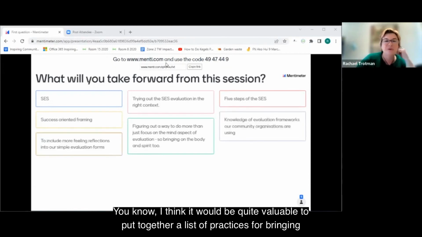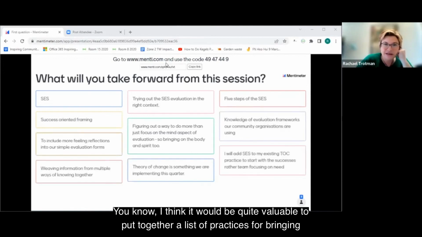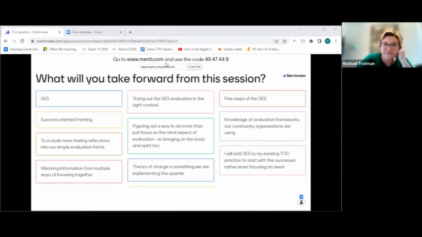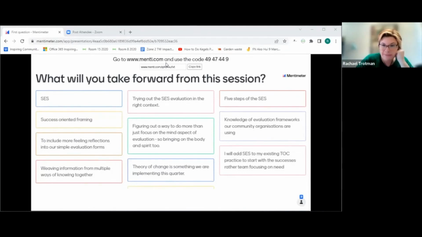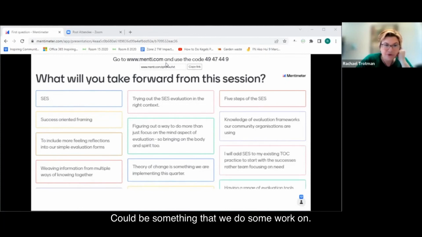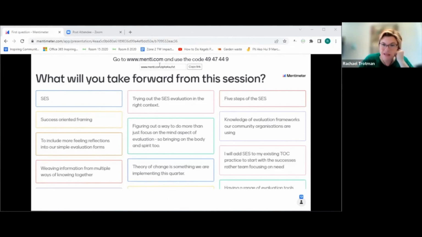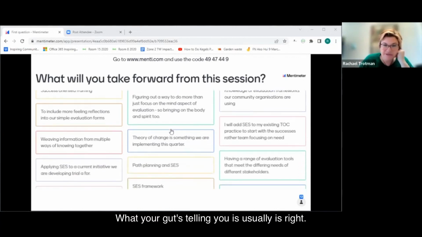I think it would be quite valuable to put together a list of practices for bringing body and spirit into our processes of learning and evaluating. Could be something that we do some work on. More feeling reflections. We ignore our intuition so often, don't we? Yeah, and the body doesn't lie. What your gut's telling you is usually right.